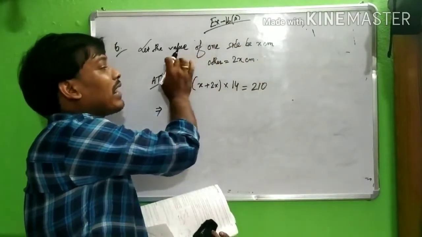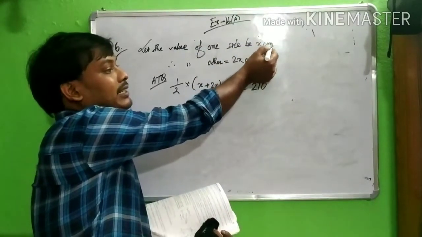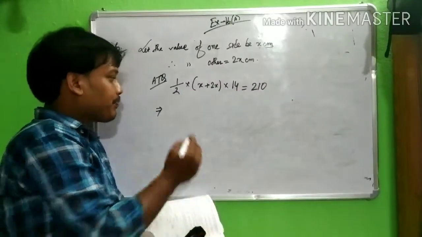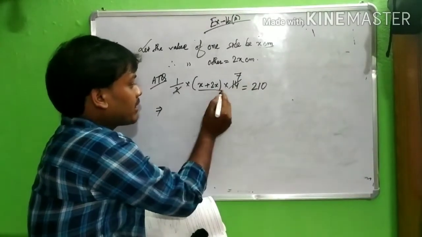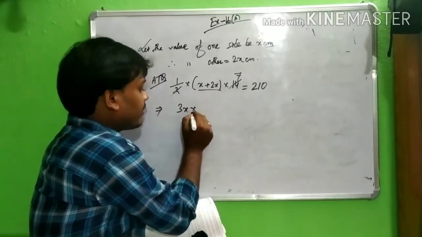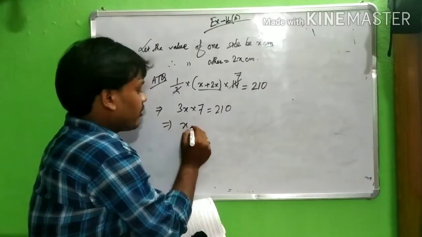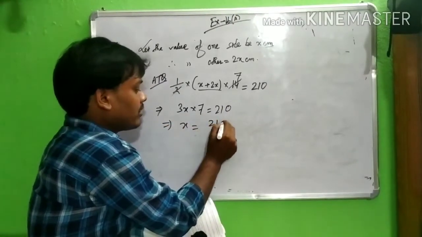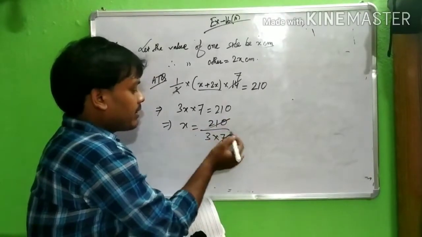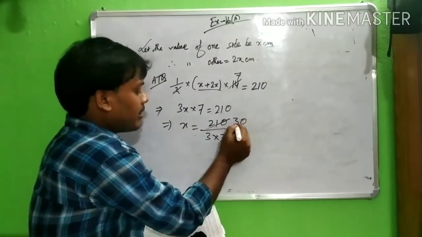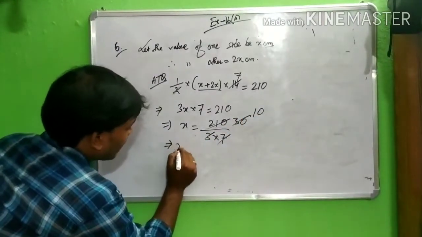And when you write the result, in place of x you write the numeral value and centimeter is there. So what is the value? 7. So x plus 2x, 3x into 7 equals 210, or x equals 210 by 3 into 7. If we cut by 7, then it becomes 30. 3 10s are 30.